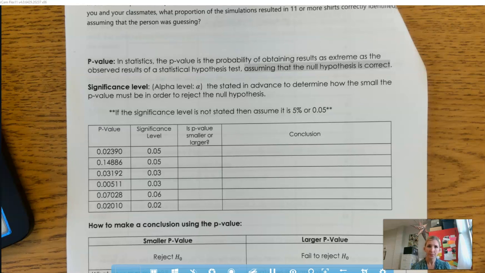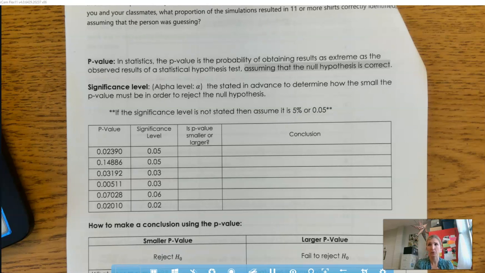The p-value in statistics is the probability of obtaining results as extreme as the observed results of a statistical hypothesis test, assuming that the null is correct. In our Joy simulation, our null was that Joy cannot smell Parkinson's. So if she's just guessing, she's going to get about 6 right.